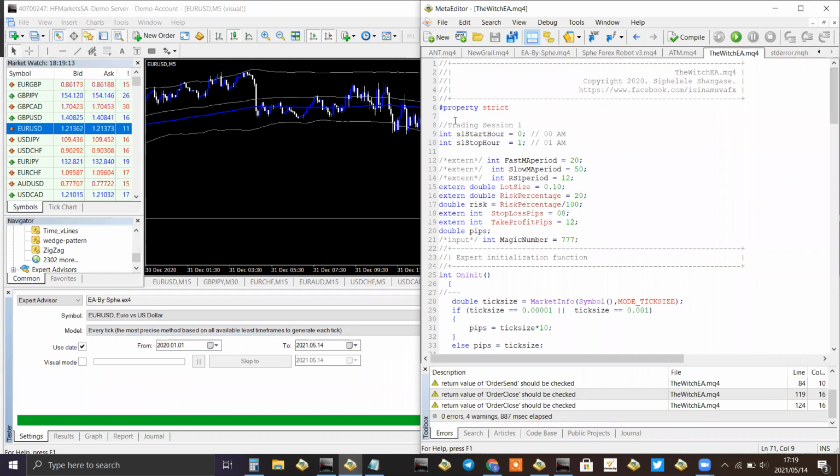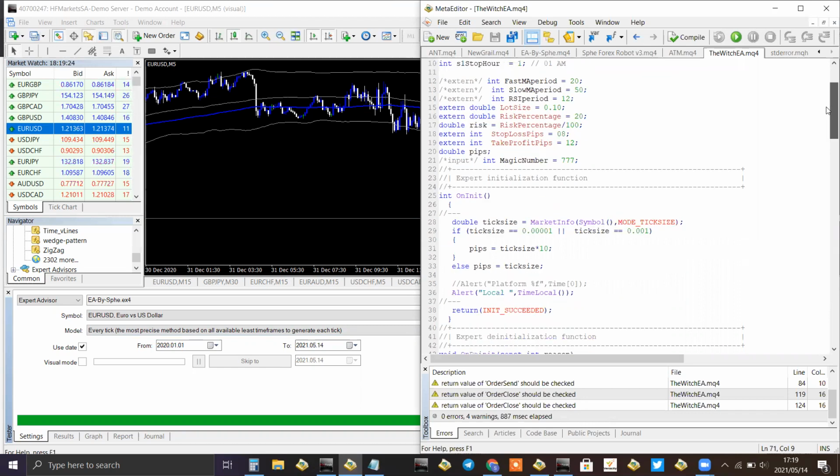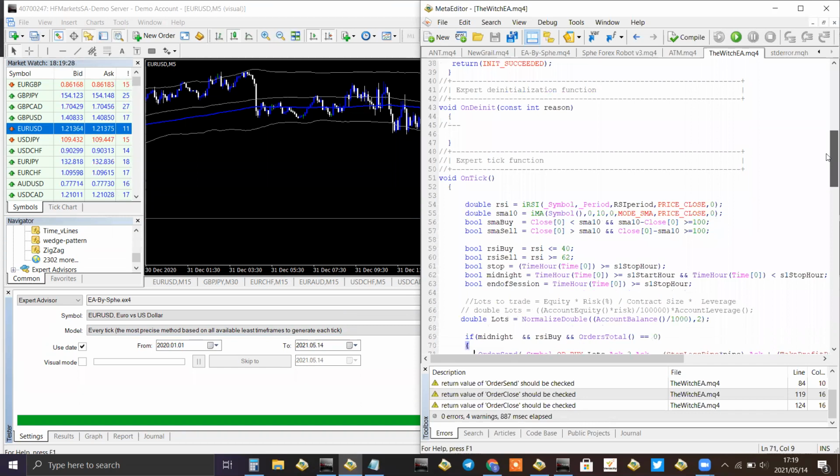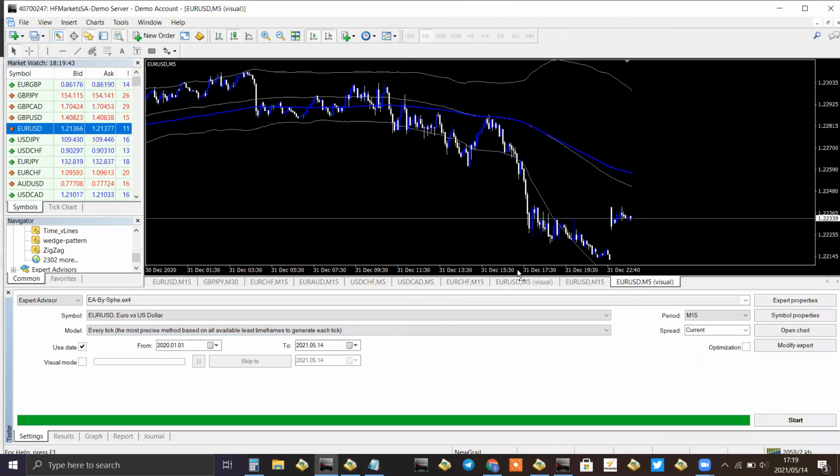For my trading session, I only trade when the start hour is 0 and the stop hour is 1. So I only execute between 0 and 1, right at midnight, from 12 a.m. to 1 a.m. That's when I execute. And then to close the trade, I can close the trade anytime after that, as long as it's my take profit or stop loss or whatever. So that's basically the EA.